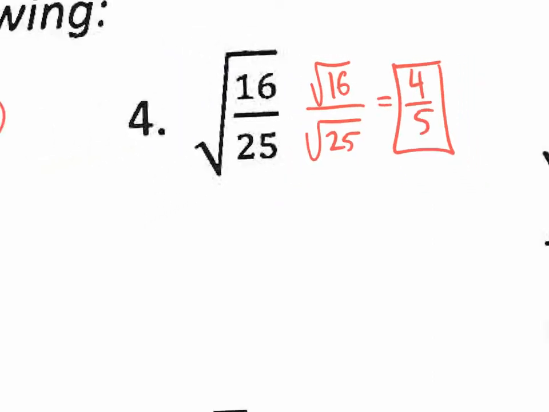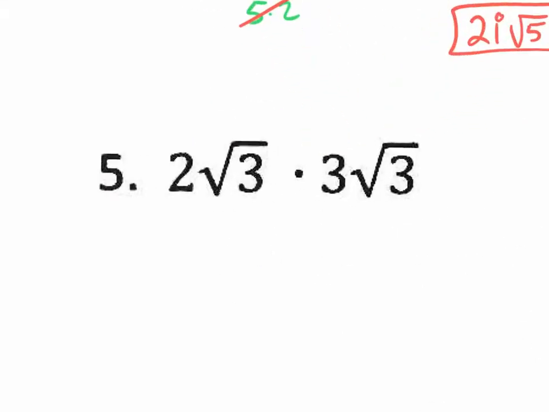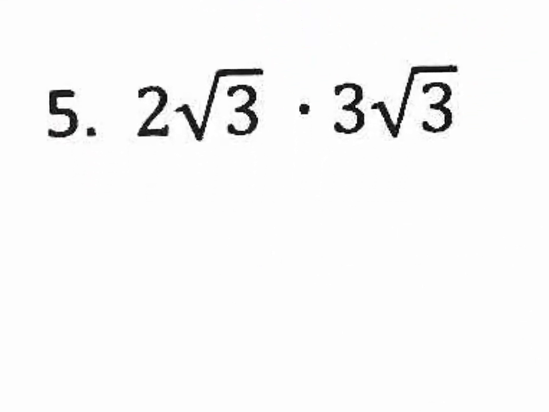Let's jump to number 5. One of the rules above, or one of the truths above that we had, says we could rearrange things, right? So how about this? What would I rearrange? The 2 and the 3 I want to put together. 2 times 3. And then this square root of 3 and this square root of 3, I want to put them together.